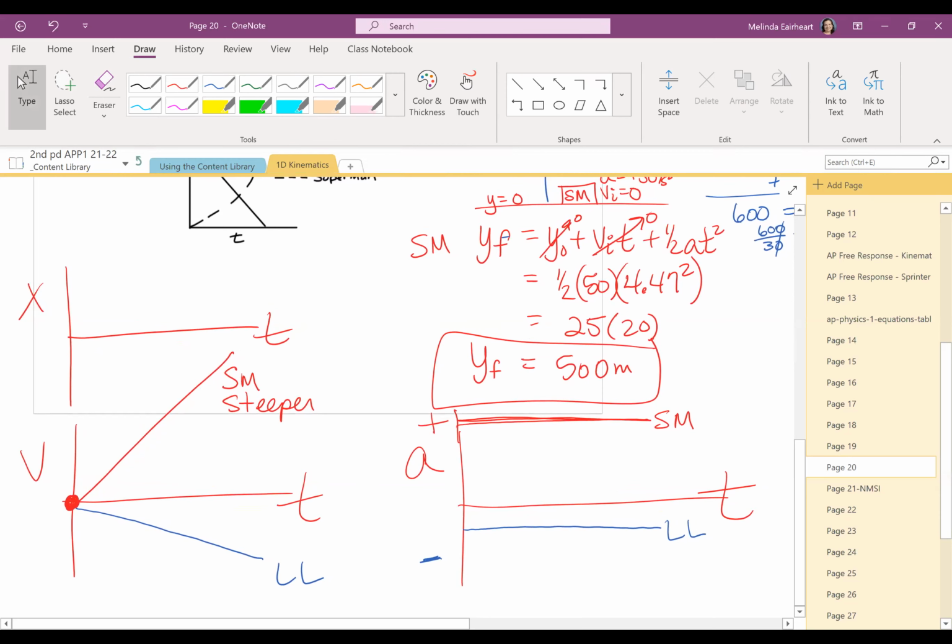Position is the tricky one. Both are going to be curved. Lois starts where? A higher position. So Lois starts at 600. We know she's caught at 500. How am I going to connect those two? Should it get steeper or less steep? Steeper. She's speeding up.